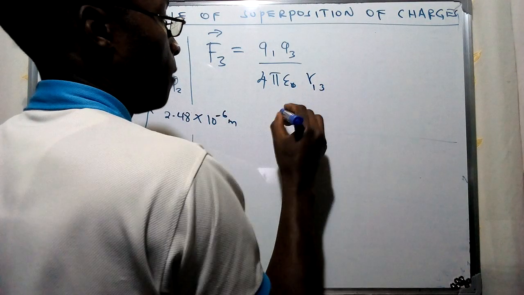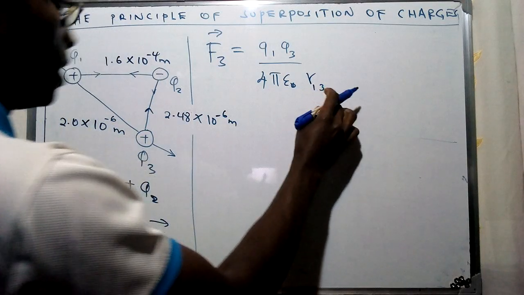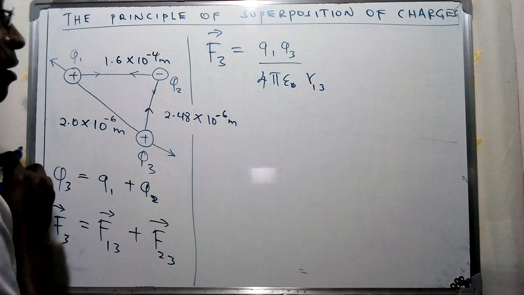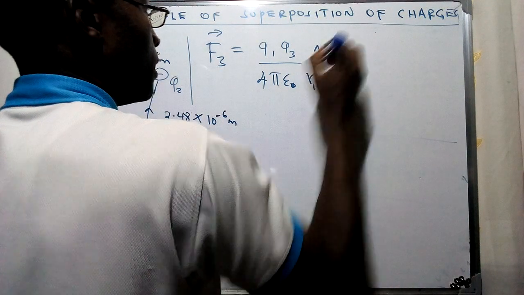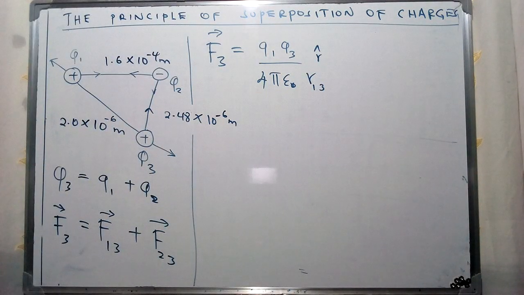Therefore, we have the distance of separation between 1 and 3 given using this specific notation, going in that specific direction using the vector which I've given above, which is basically a unit vector in that direction.